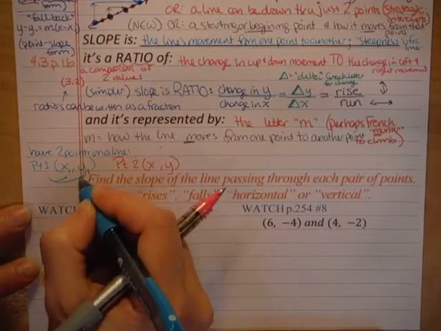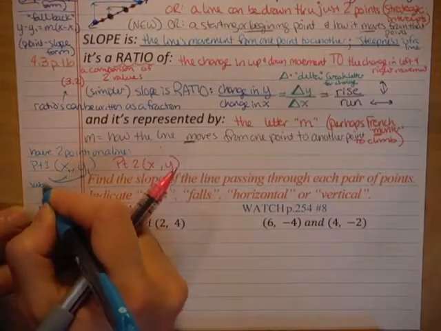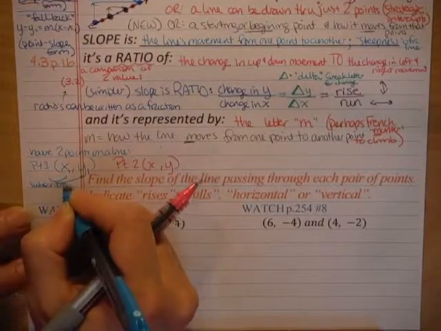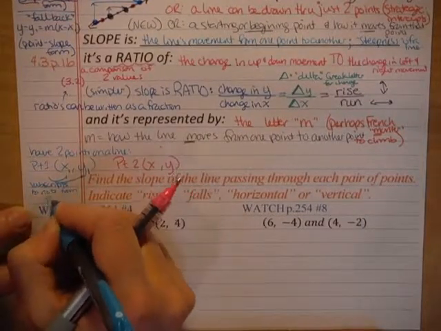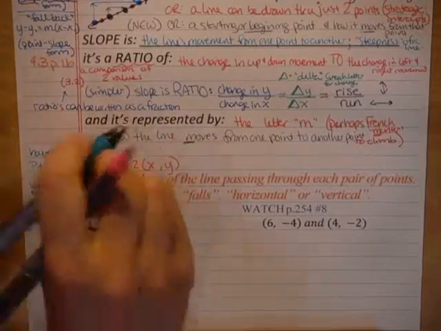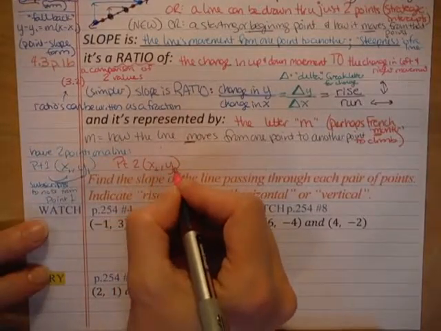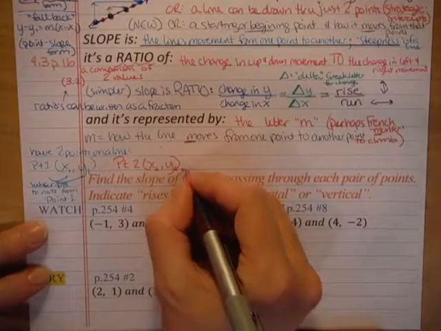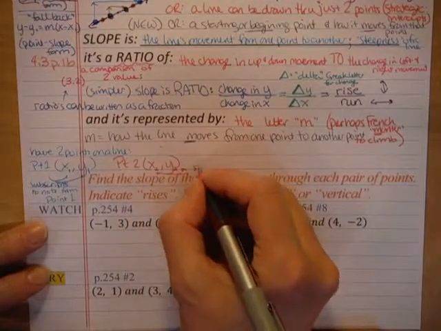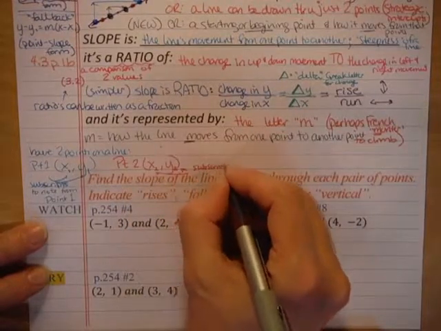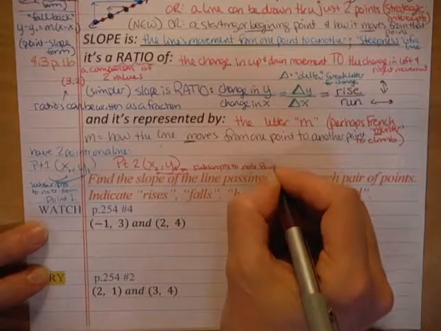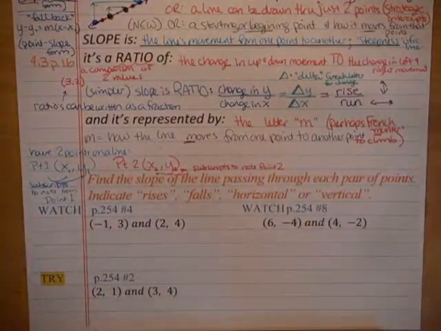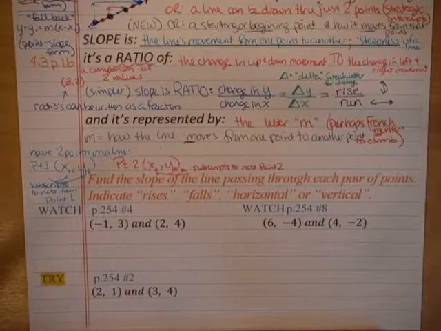This just means subscripts to note that these are from point 1. Okay, and then point 2, we'll call this x2, y2. And again, those little 2's are just subscripts to note that it's point 2. Those are the coordinates from point 2. I'll be using colors to help us see it as well.